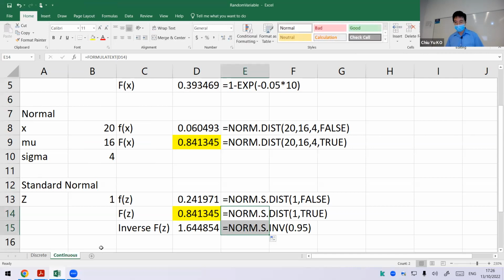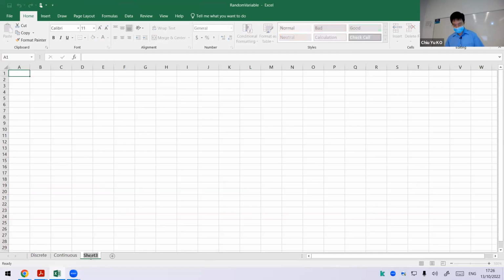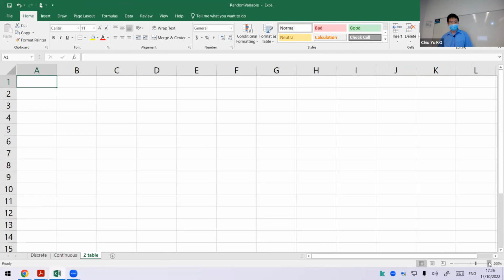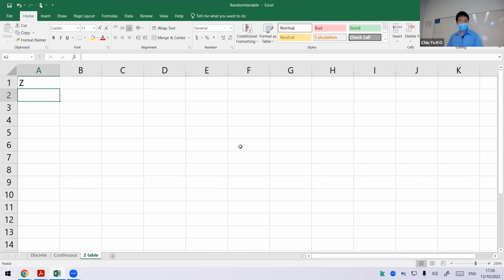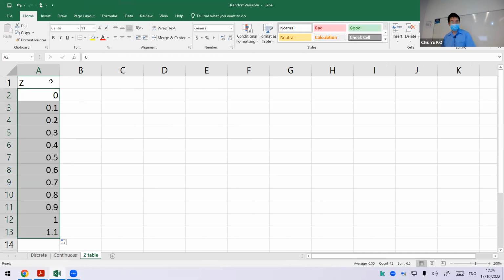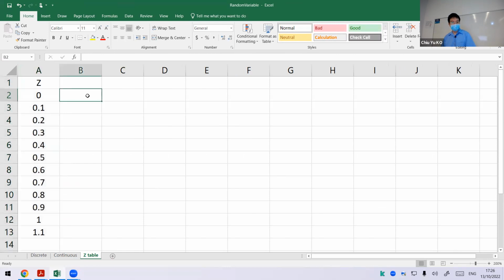Okay, more quickly we just do the Z table. So what we do in the Z table here is we have a Z value, right? We have 0, say 0.1, and then maybe up to, I don't know how many we want. Okay. And we want to know what is the F of Z, right?